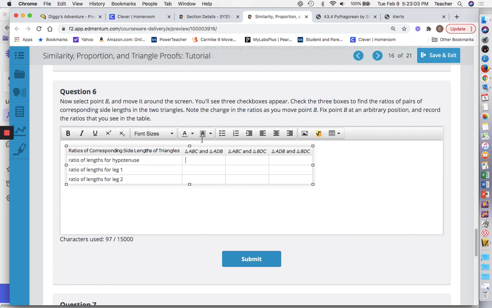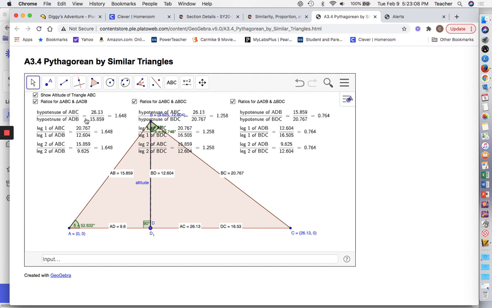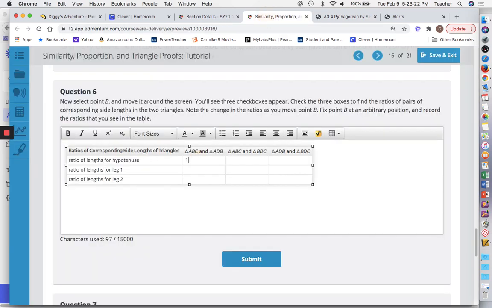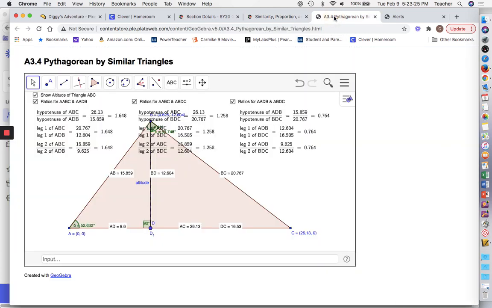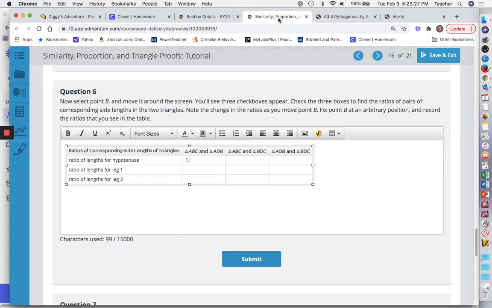So ratio of length of the hypotenuse of ABC and ADB, so the hypotenuse is 1.648, leg 1 is 1.648, leg 2 is 1.648. Awesome.